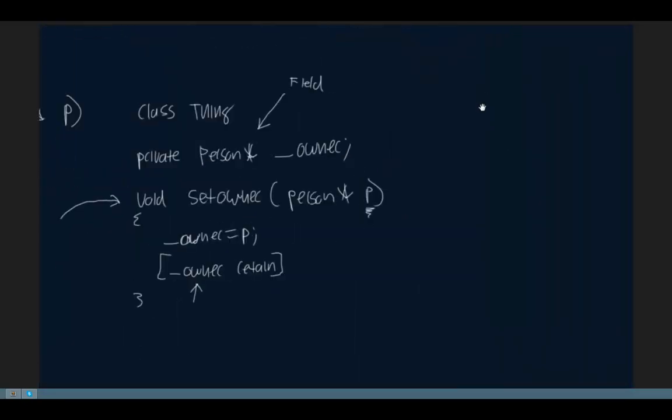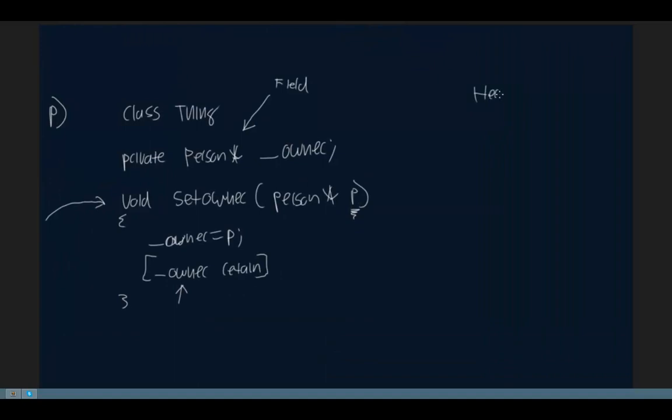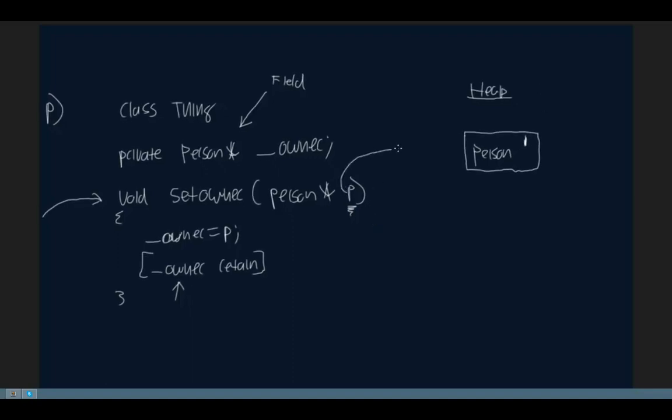So remember, in the heap, we have a person object. And let's say it has a reference count of 1 for right now. When it comes in, it has a reference count of 1. So that's all good.